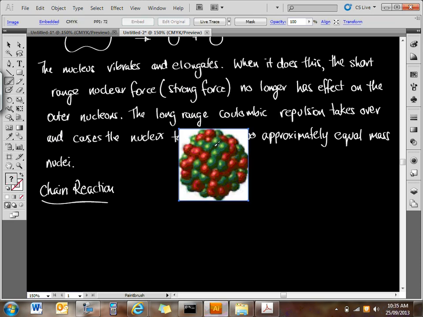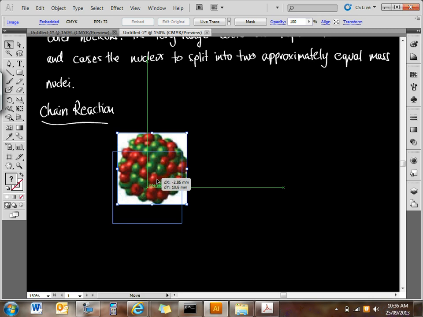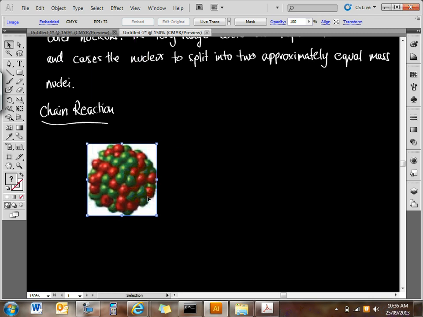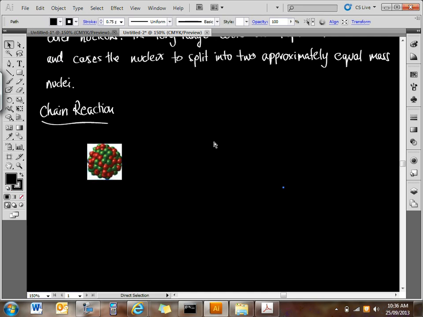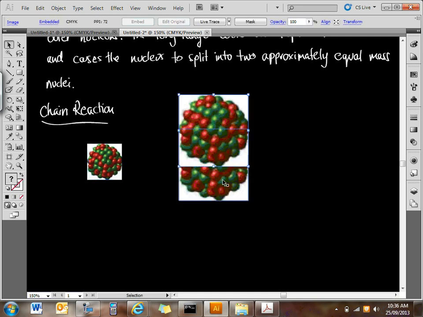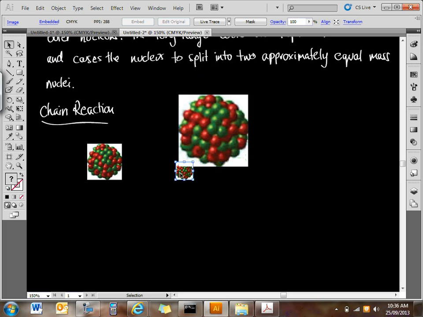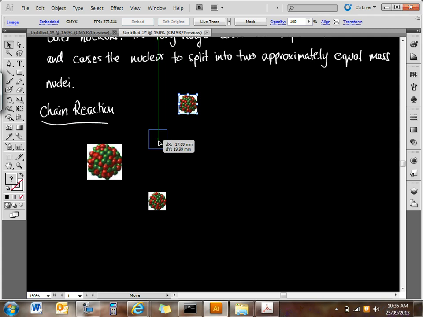So we have a nucleus splitting into two smaller, approximately equal mass nuclei.